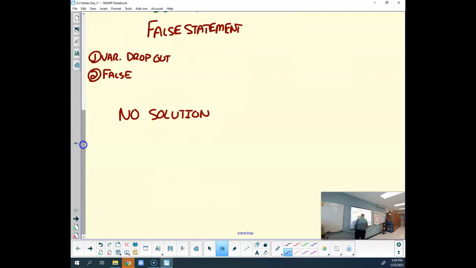Those lines would never cross. So that is a no solution case. The variables have to go away, and it has to be a false statement.